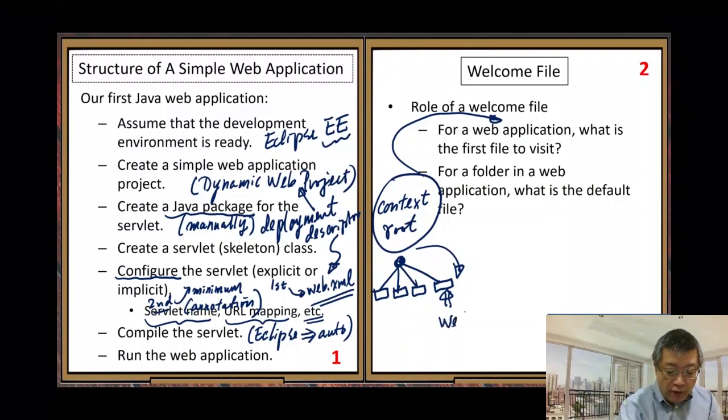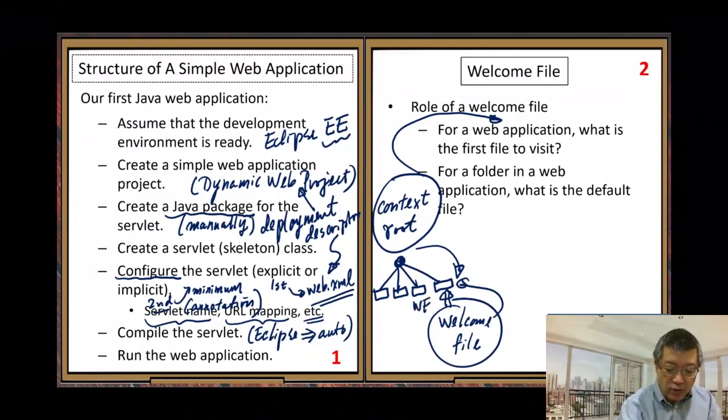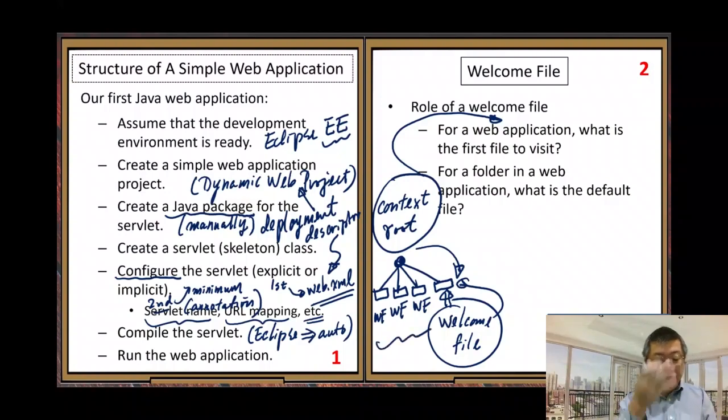So that is the welcome file we need in each folder. And for this one, we also may need a welcome file, right? So each individual folder, we may need a welcome file. So you may have a situation like this diagram. All right. So that's the second case.